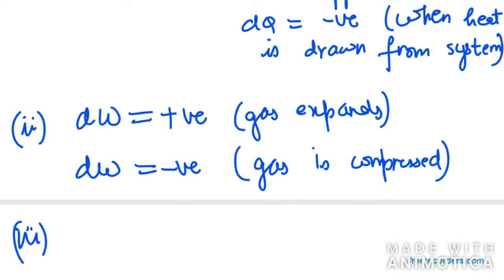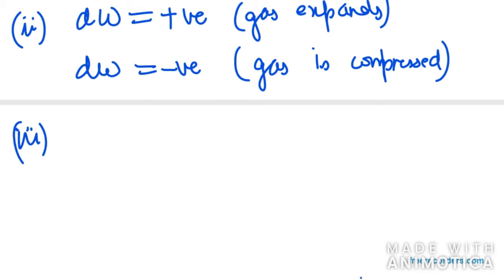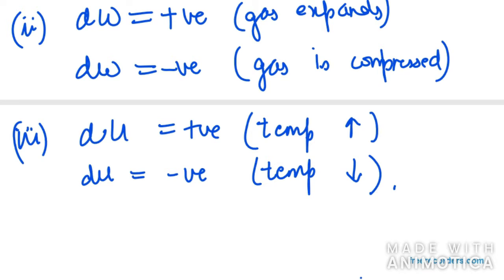Now the next one is du, the internal energy. du will be taken as positive when temperature increases. du is taken as negative when temperature decreases. So these are the three conditions we need to take into account.